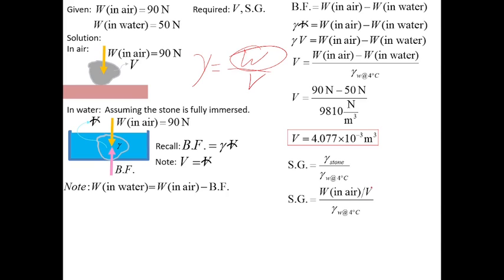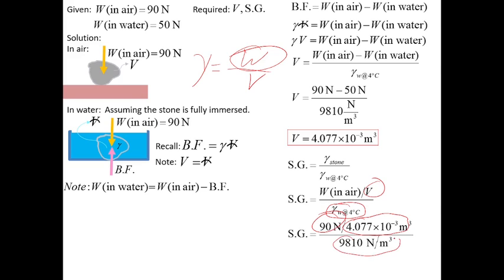Then we divide it by the volume of the stone. So, we have the weight in air, 90 newtons, over the volume of 4.077 times 10 to the negative 3 cubic meter, over 9810 newtons per cubic meter.